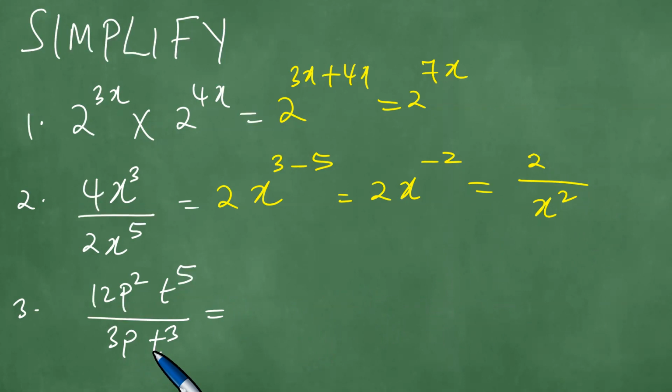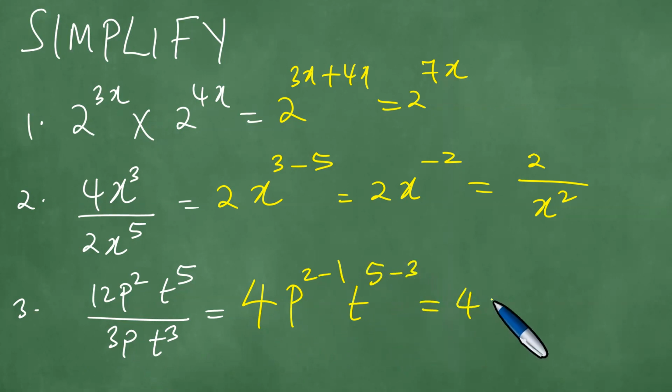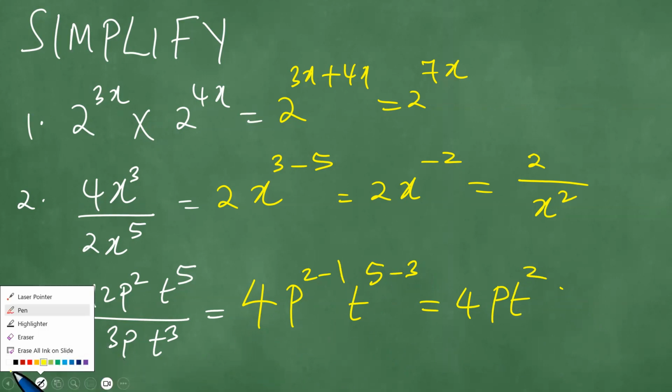You divide. What is 12 divided by 3, Leander? 4. Right, the next thing is you have p to the power 2 minus 1, and then you have t to the power 5 minus 3. What is 5 minus 3? 2. So this is the answer.